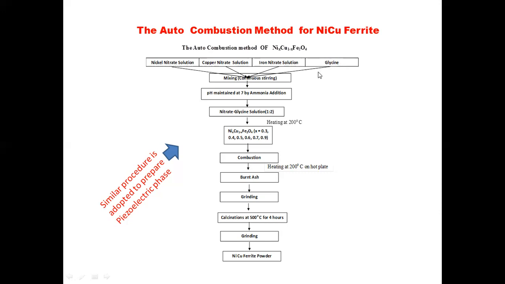So you have to make solutions in separate beakers, actually in three beakers. In three beakers, you have to prepare the calculated amount of nickel nitrate solution, the calculated amount of copper nitrate solution, and the calculated amount of iron nitrate solution.